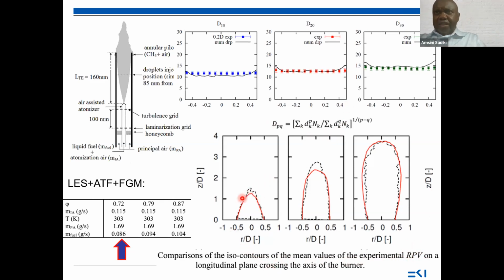That is the first part. The first is a contour. This is the second one, and this is the third, three different positions. And we see that we got a very good agreement by using the RTF model.